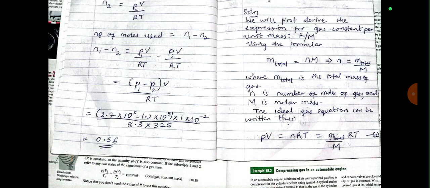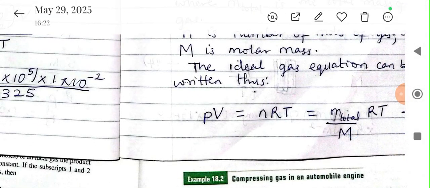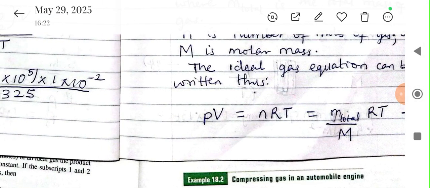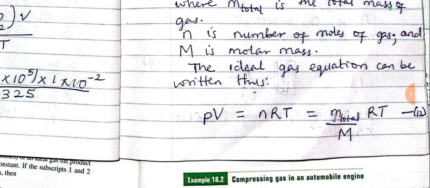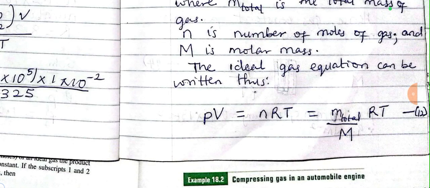For N, you substitute total mass over molar mass. So it means that PV equals M total over capital M times RT.